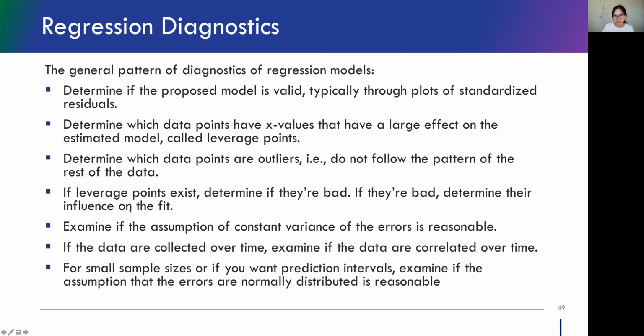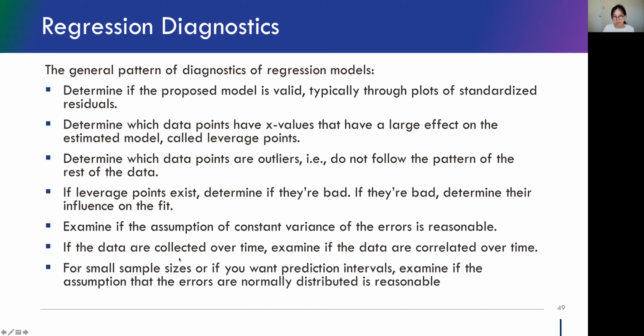How do we deal with leverage points? Two different approaches. Also examine if the assumption of constant variance is reasonable, by checking if there is a funnel shape in the error variance, and also pay attention to correlated data, which will violate the assumption that errors are independent of each other.